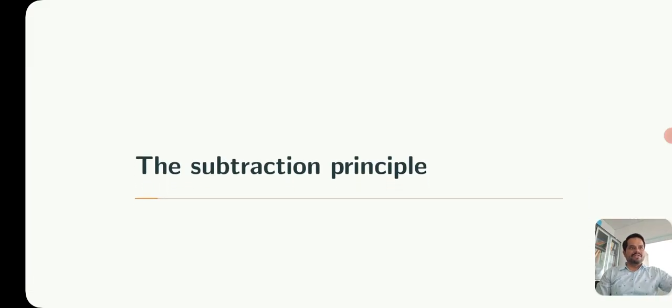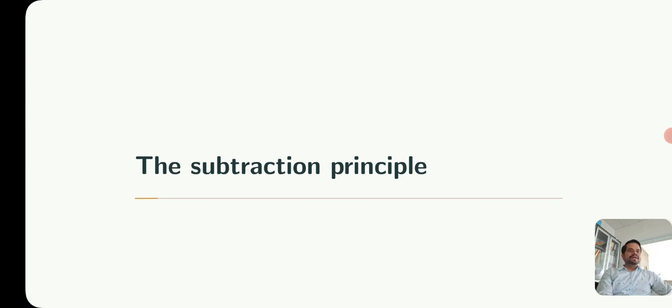the subtraction principle. The subtraction principle, also known as the principle of complement, is a technique for counting elements in a set by subtracting the number of elements in its complementary set.